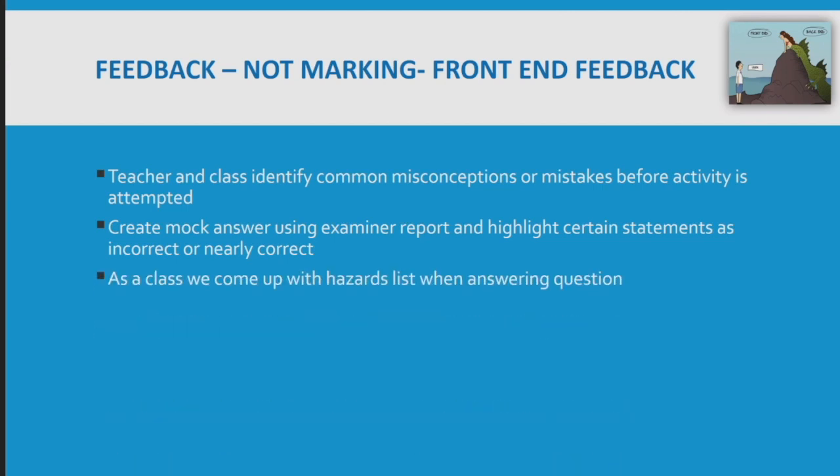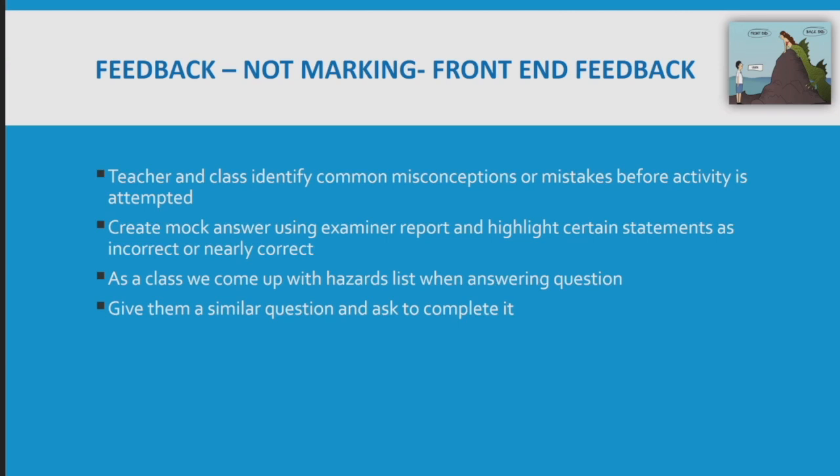I'd ask them first, looking at this example, why have I highlighted these certain mistakes? Why do you think these are misconceptions? I'd then come up with a list of common hazards or misconceptions, so that when they went on to write the question or do a similar question, they could take those into account and they wouldn't make those same mistakes.